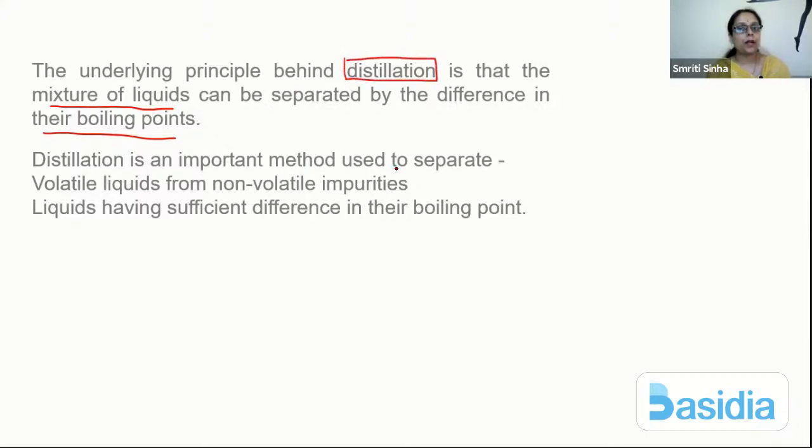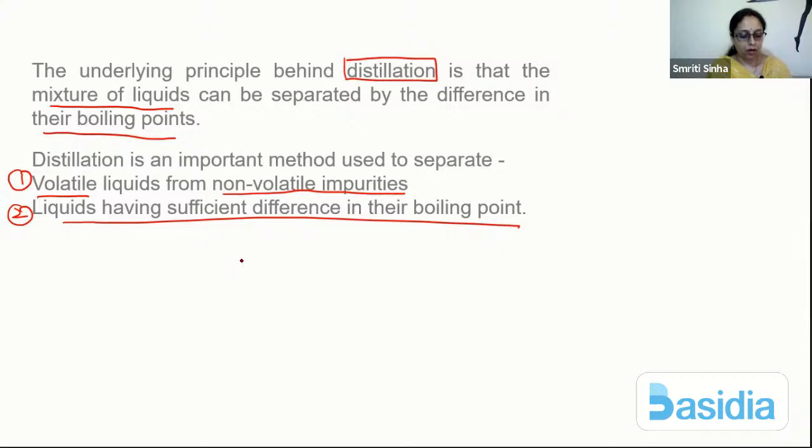Distillation is an important method to separate, first, volatile liquids from non-volatile ones, like acetone from water. Second, liquids having sufficient difference in their boiling points. If two liquids have more than 50°C difference in their boiling points, then only you are able to separate them. Or else you need a volatile and a non-volatile impurity with the liquid, then you can use this technique.